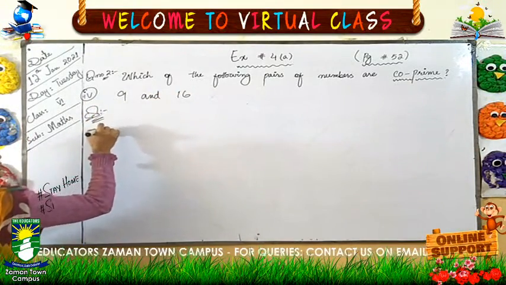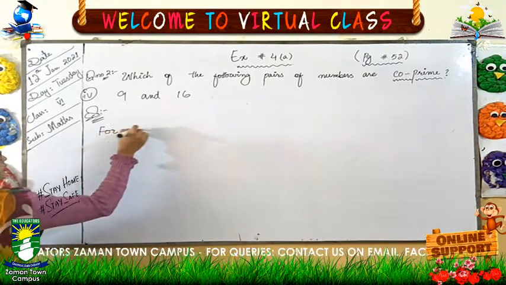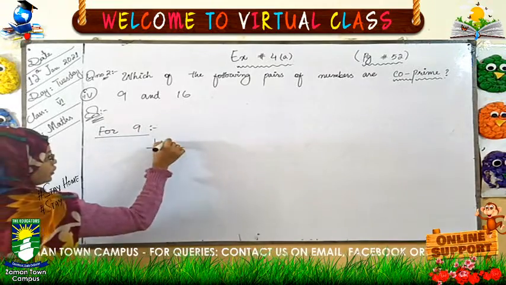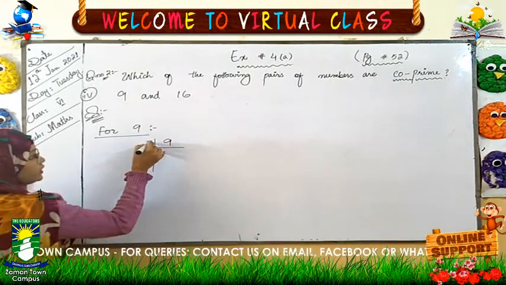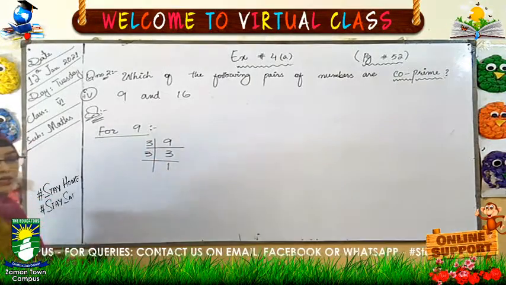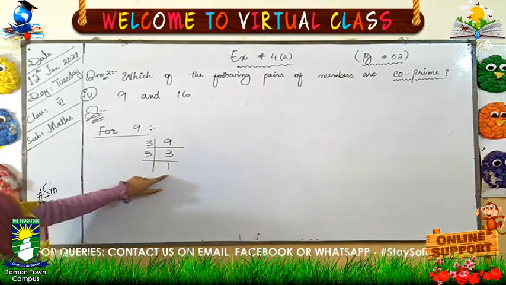Solution. First put the heading for 9. Then we will find out the factors of 9. 3 threes are 9, 3 ones are 3.